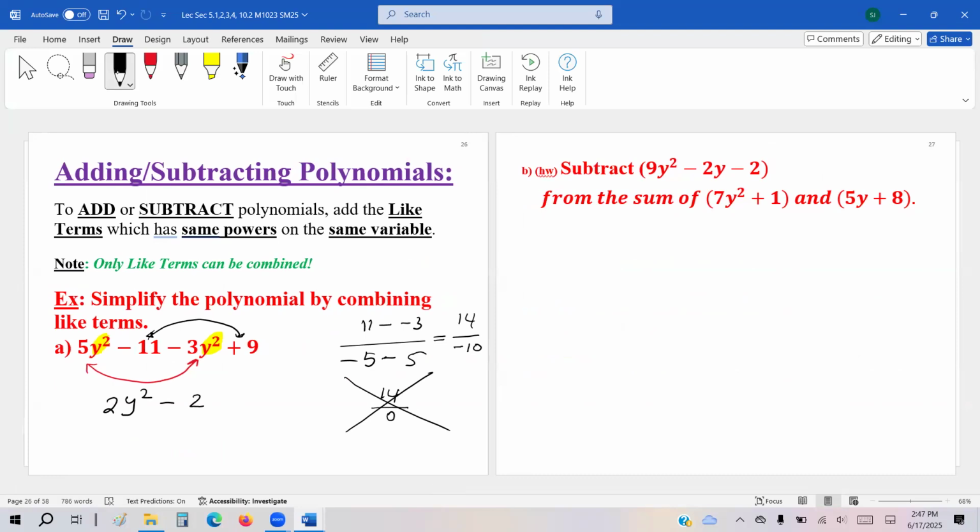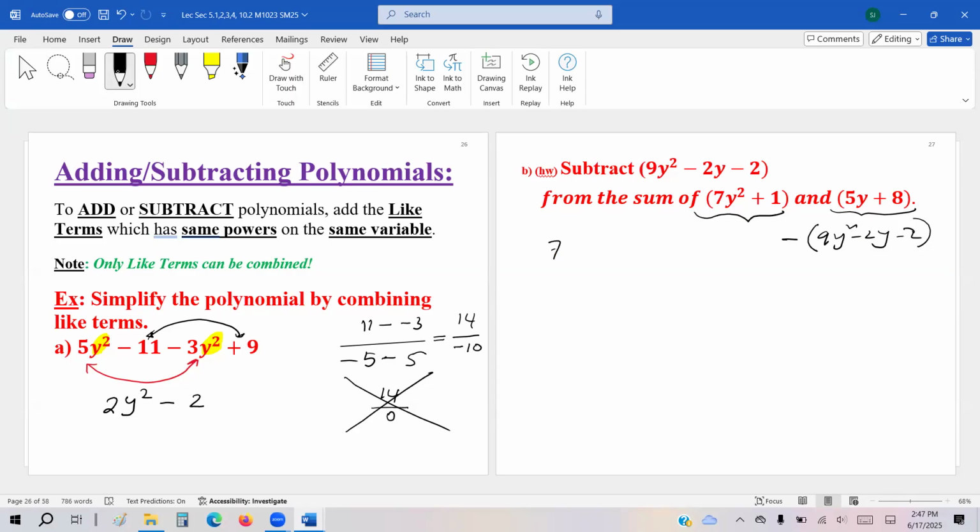The next one from the homework. Subtract that from the sum of those. What does sum mean? Add. So if you're subtracting that quantity, it means it's minus 9y squared minus 2y minus 2. The sum of these two: what do you have to do with this and that?